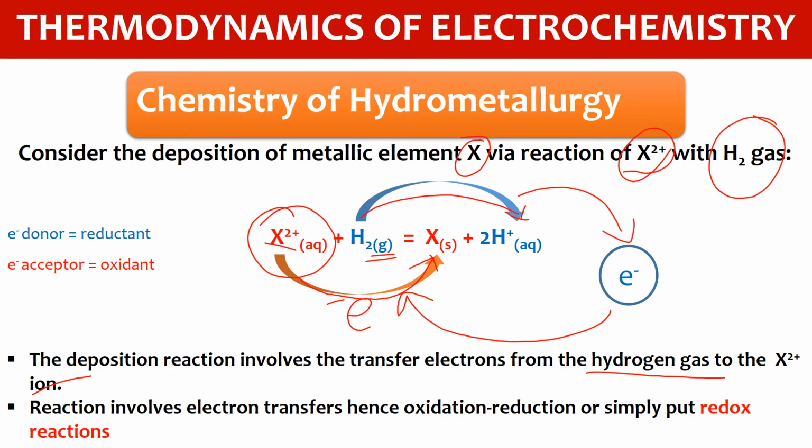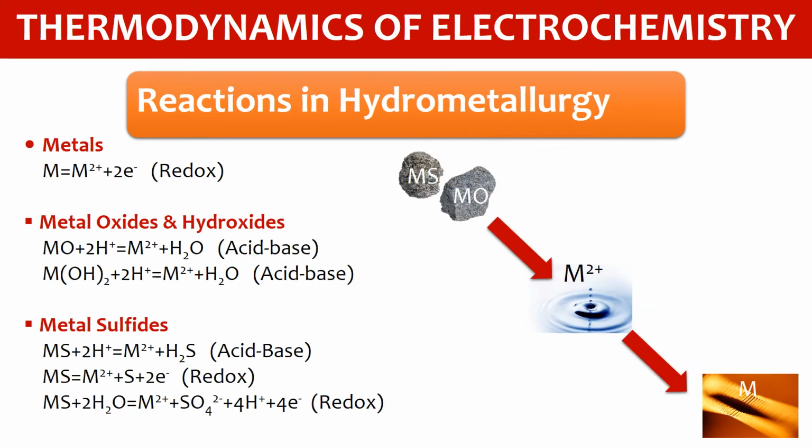Reactions that involve electron transfer are oxidation or reduction reactions, simply put as redox reactions, as we have said before.